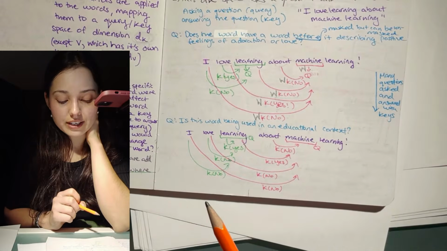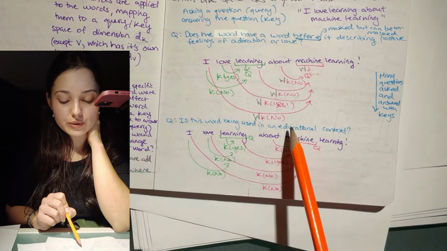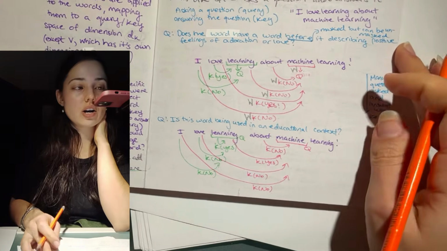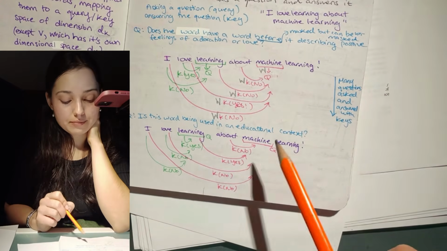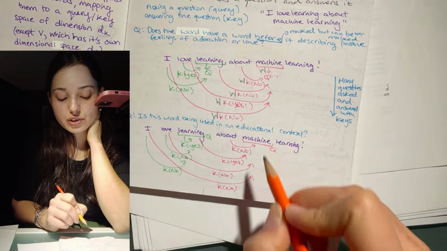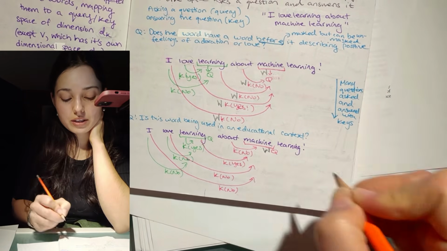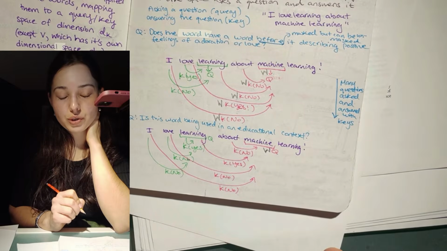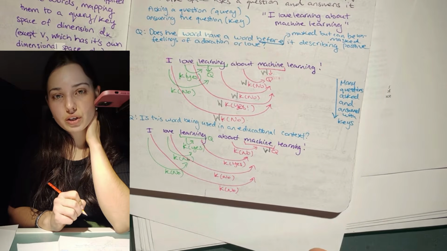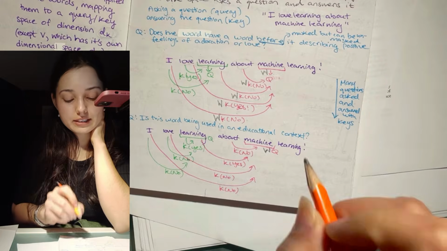Let's move on to our next question. Is the word being used in an educational context? Again, we're using the example of machine. First we would take the word embedding for machine. We would transform it with this WQ matrix, which will take it from the word embedding space into query space.